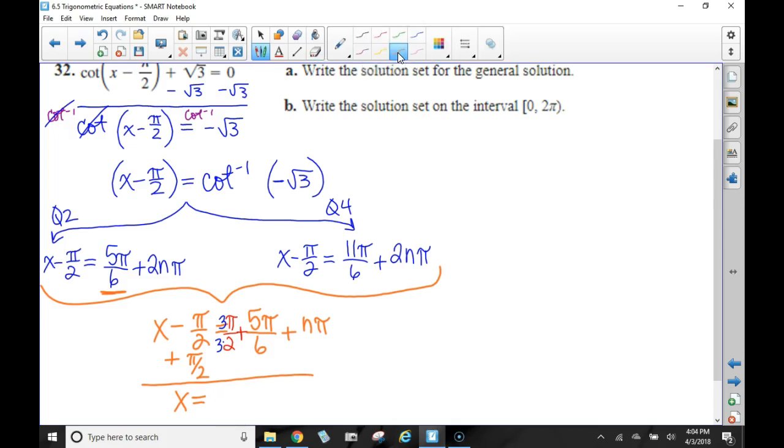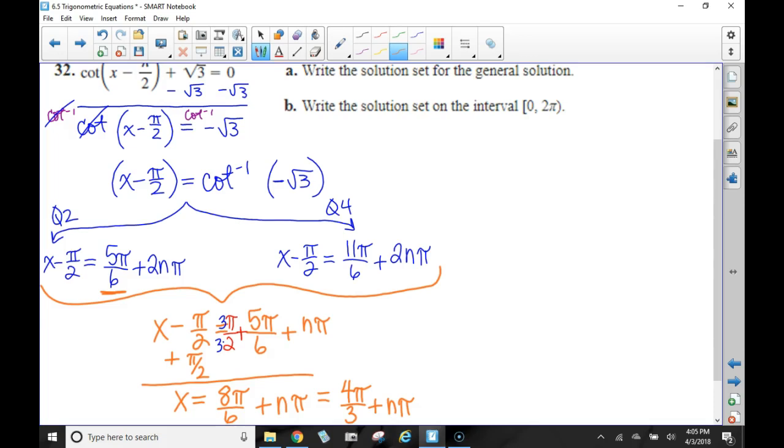Okay, 3 pi over 6 plus 5 pi over 6 is 8 pi over 6, and then bring down plus n pi. Then you would want to reduce that, okay? That's going to be 4 pi over 3 plus n pi. And really, there's nothing wrong with that, but that's probably not the answer they want you to give.